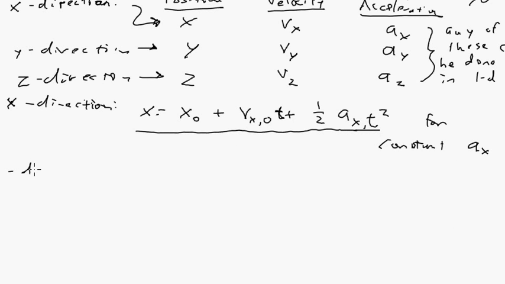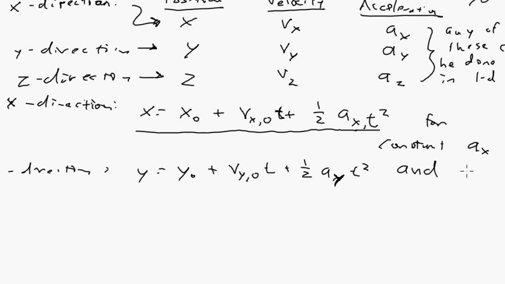you can do y equals y naught plus v y0 t plus 1/2 a sub y t squared. So then this becomes for constant a sub x and a sub y. These all work. Wow, this pen is doing a horrible job of picking up. And then you can apply the velocity equations too.